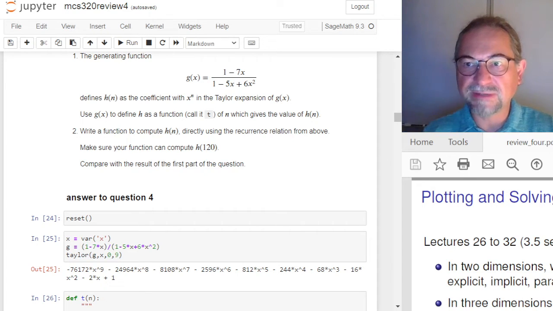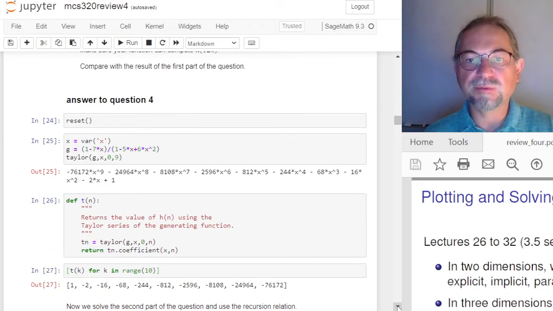So this is then parameterized by the degree, the exponent of x. So the n that is used in the function t is what you pass as the end value when you get the coefficient of the Taylor expansion.